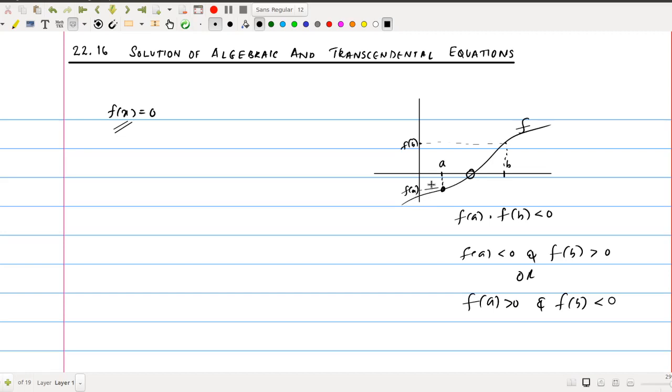So the basic idea is: if a and b are two consecutive integers and you choose some c here, then c is another integer.